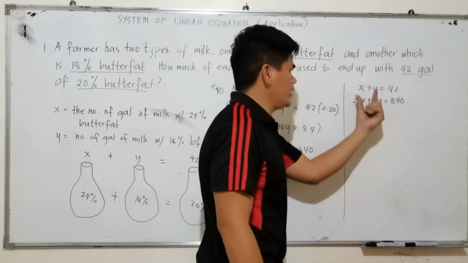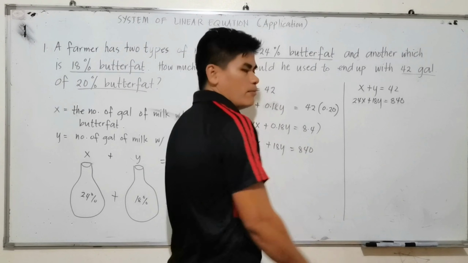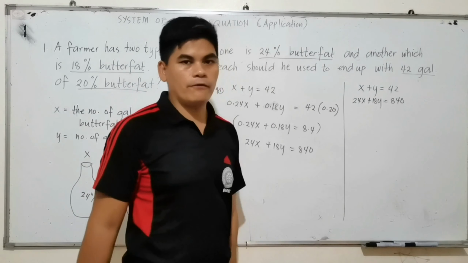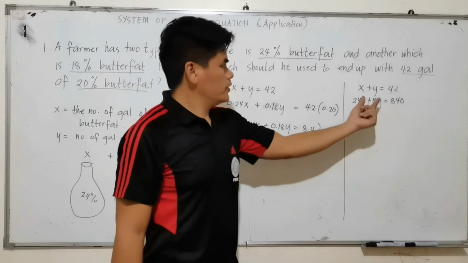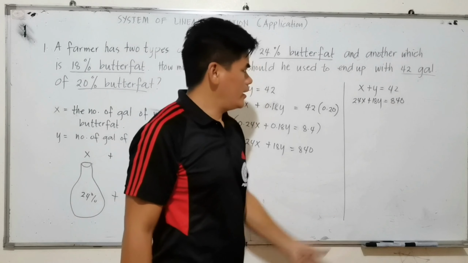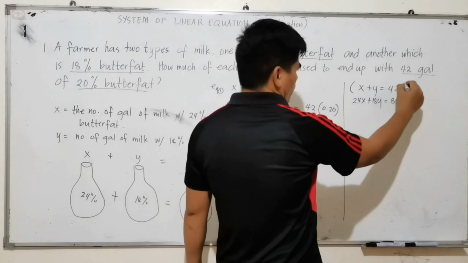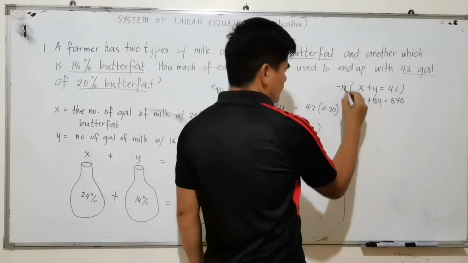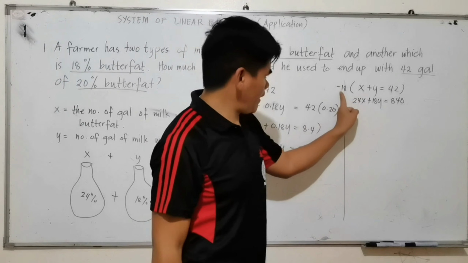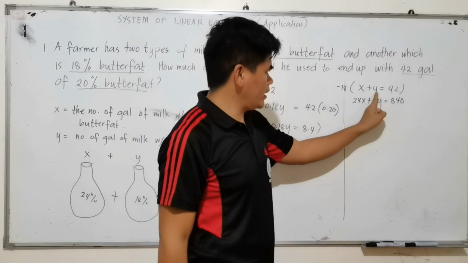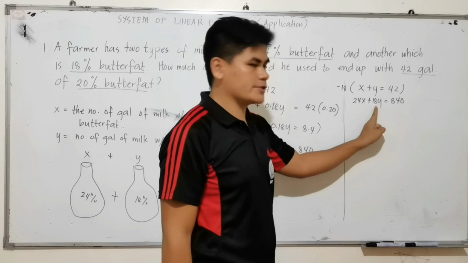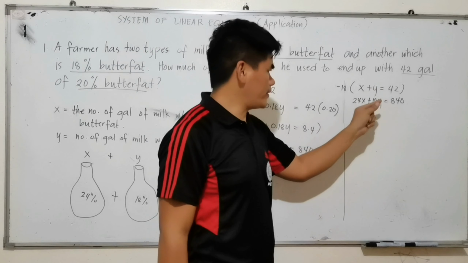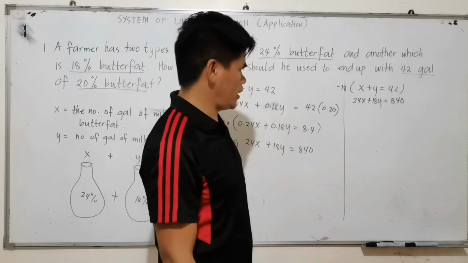Before I can eliminate one of the two variables, x or y, I will think of a number to multiply equation 1 by. Since I am going to eliminate y, I am going to multiply equation 1 by negative 18. Why? Because negative 18 times y is negative 18y, plus 18y, then the y will be eliminated, because negative 18y plus 18y is 0.